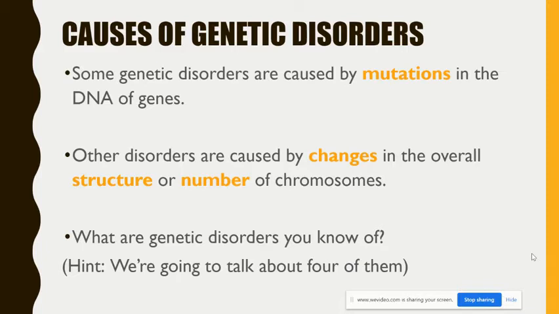Then there are some other disorders that are caused by changes in the overall structure or number of chromosomes that a person has in the cell. And this can happen in the process of mitosis or meiosis. They might not be correctly separated, or more chromosomes might be added or taken away.